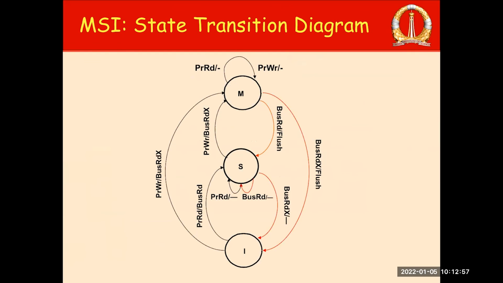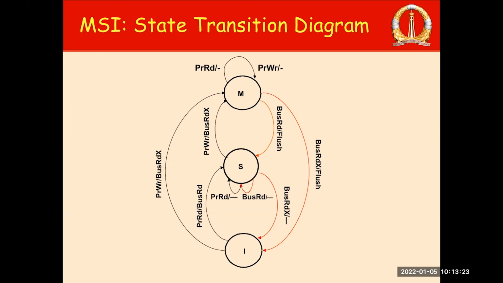Has not brought the data from memory to the processor. That's the initial condition, right? So that is why we started from the invalid state. As soon as it reads it, it goes into what is called the shared state, right? So the first read will bring the memory block into the cache, and that will make it shared.